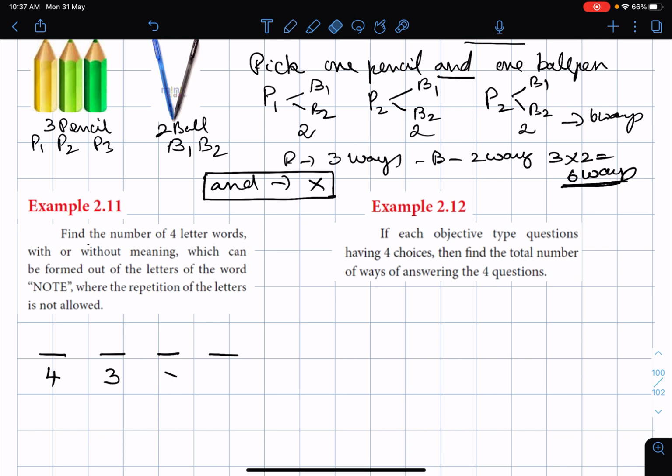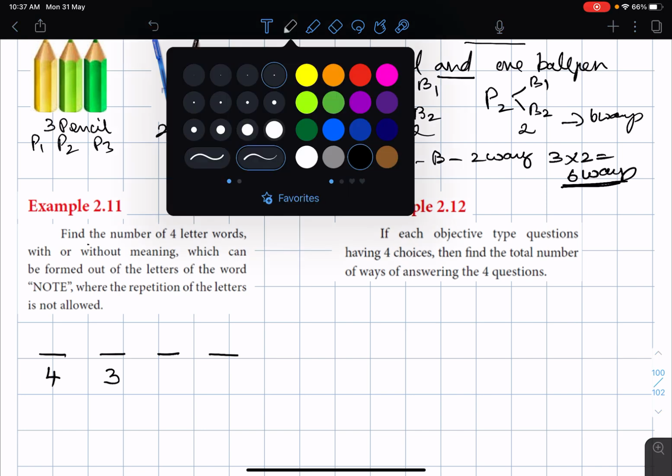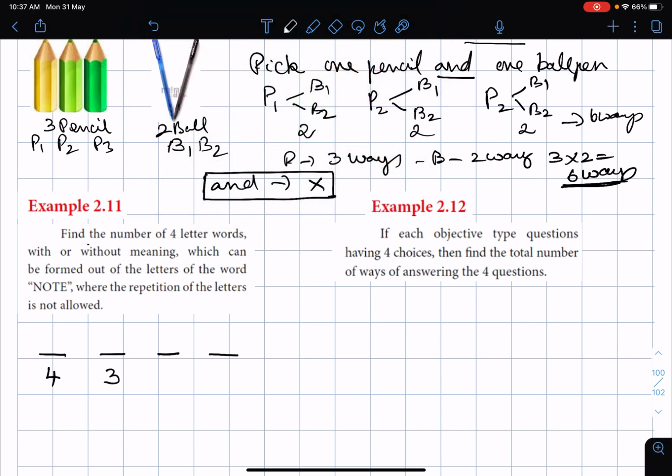After placing 1 in the third place, you will have 1 remaining, and that comes to the last box. So the number of ways is 4 into 3 into 2 into 1, which is 24 words with or without meaning. They want only the arrangement of the letters.